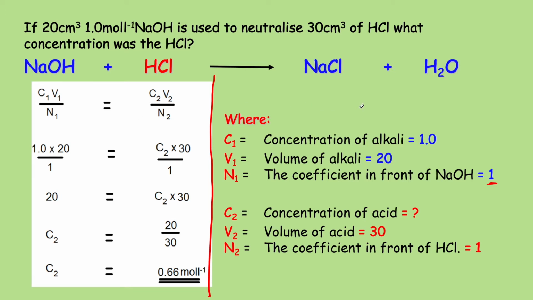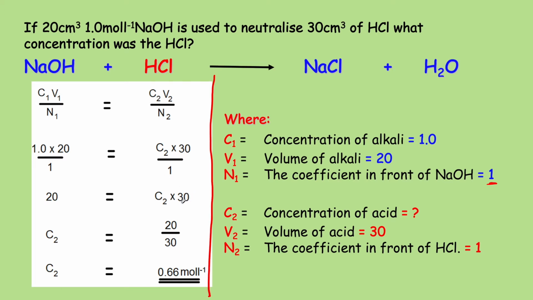So if you put your C1, which is 1 there, your V1, which is 20, is there, N1 is 1, which is why that's there, your C2 you don't know, so you would just put C2 in there, your V2 is 30 because you've written all these down already, you've got yourself ready, and your N2 would be 1. If you do 20 times 1 divided by 1, you get 20, and if you do 30 divided by 1, you get 30.